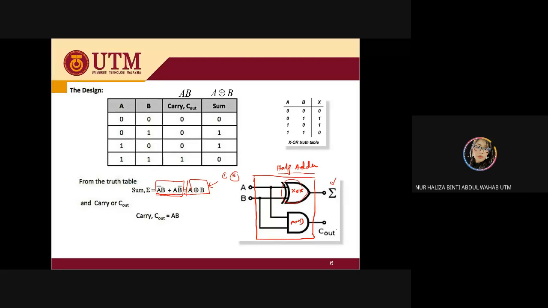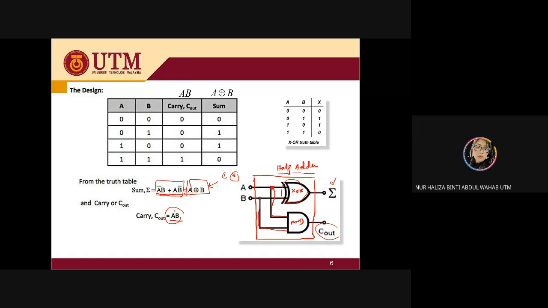Then for the output, you can see here the output C out is connected to the inputs A and B to the AND gate. Then it's going to be A dot B. A dot B. So this is the carry out.